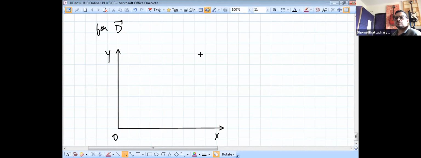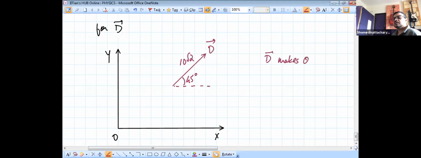I've just randomly given D somewhere over here. But I've given that the magnitude of D is 10 root 2. And I've also shown that if you draw a line parallel to the x-axis from its origin, this angle is 45 degrees. So that means D makes theta equal to 45 degrees with respect to the x-axis, and the magnitude of D is 10 root 2. This is what it means.